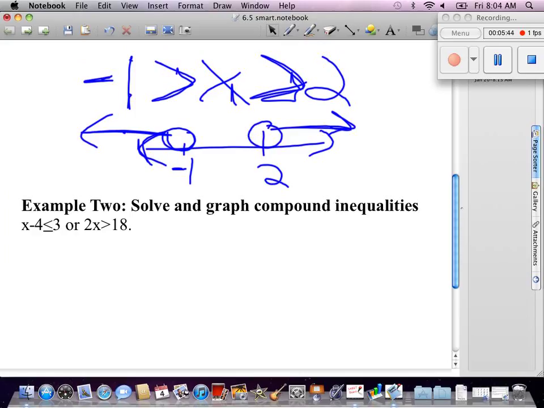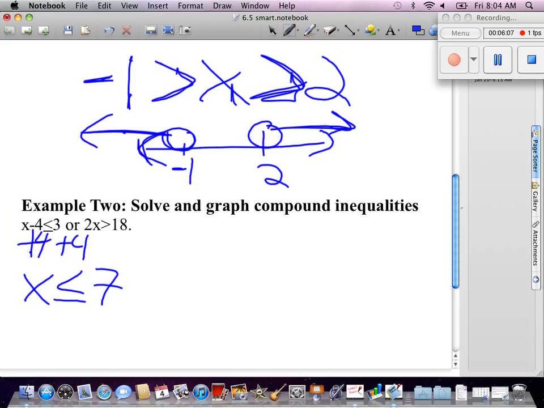So all you have to do for these is get x by itself in both inequalities, and then you just graph it. So what do I do for the first one? I've got x minus 4 is less than or equal to 3. What do I do? Add 4. So I will get x is less than or equal to 7.